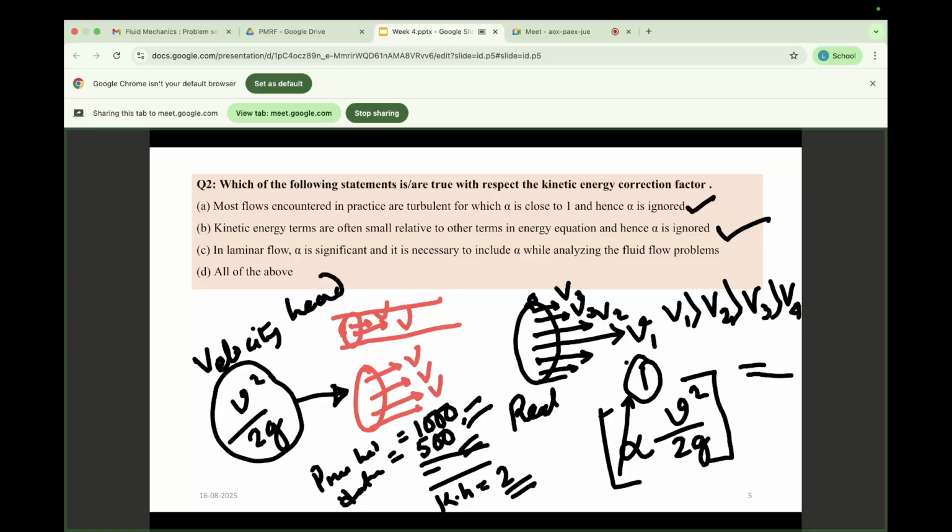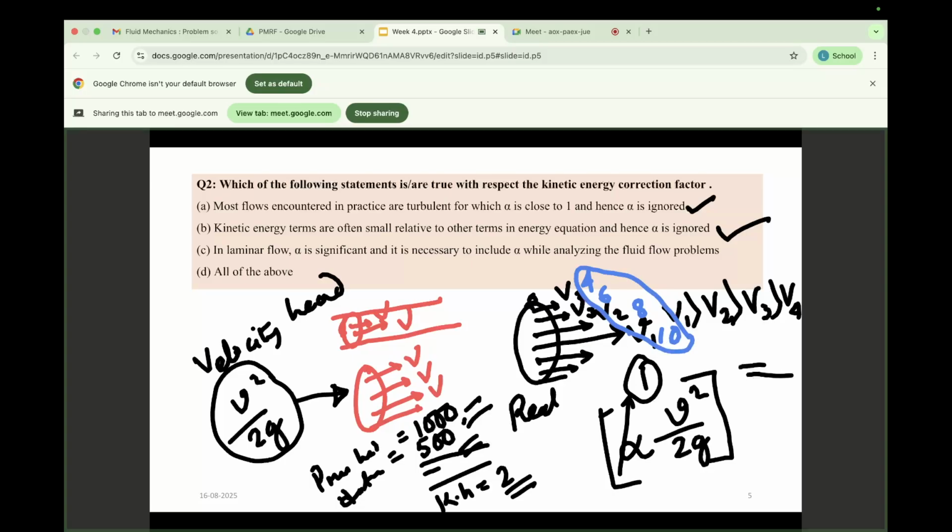Say I am giving you an example. Consider this velocity V1 equal to 10, then 8, 6, 4. If you average out these velocities, the average should be less than 10, right?